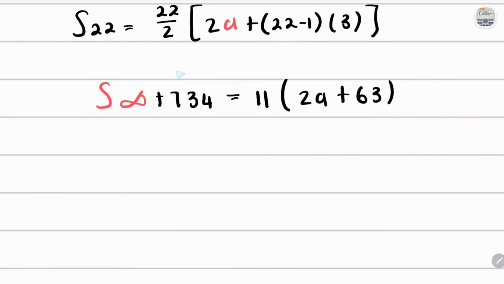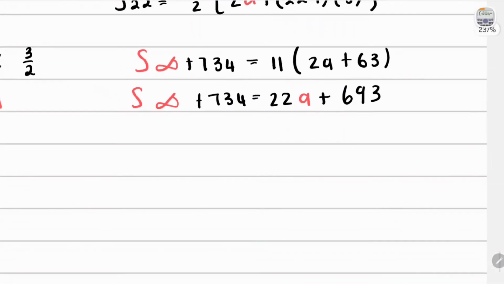So that is the sum to infinity, and we have plus 734 is equal to, and if we distribute here, we get 22a, and we could just write a in color so that we know it's the same thing there, plus 63 times 11, which is 630 plus another 63. So this is what we have.